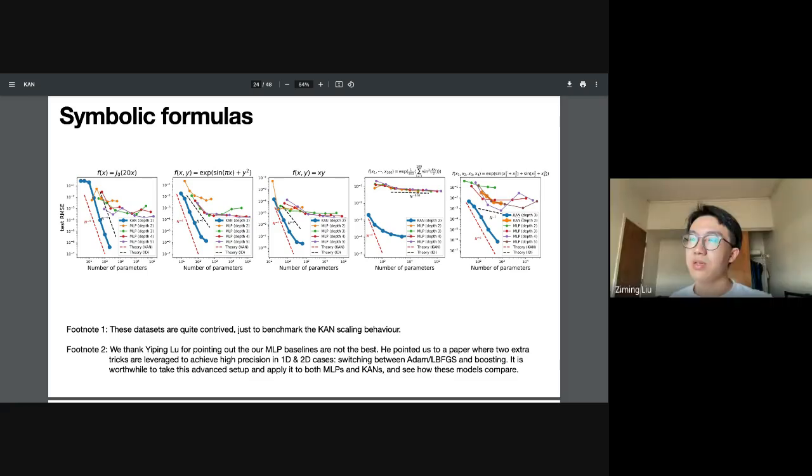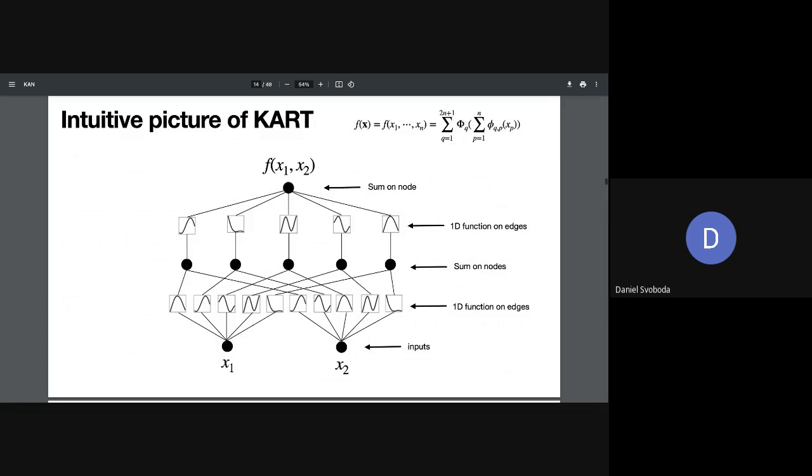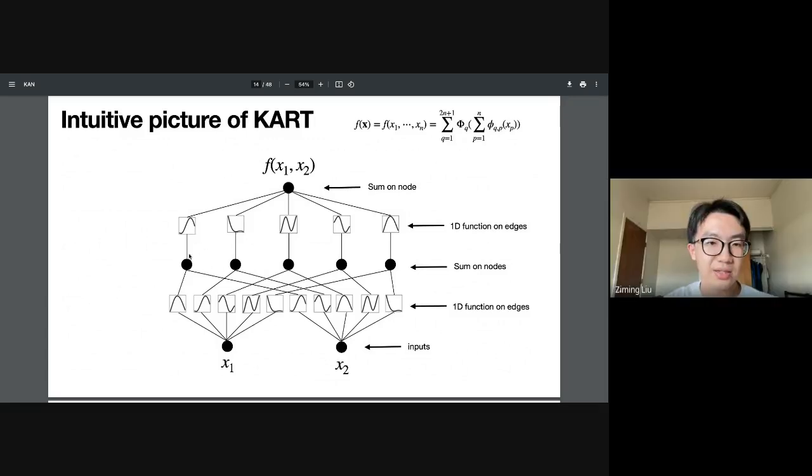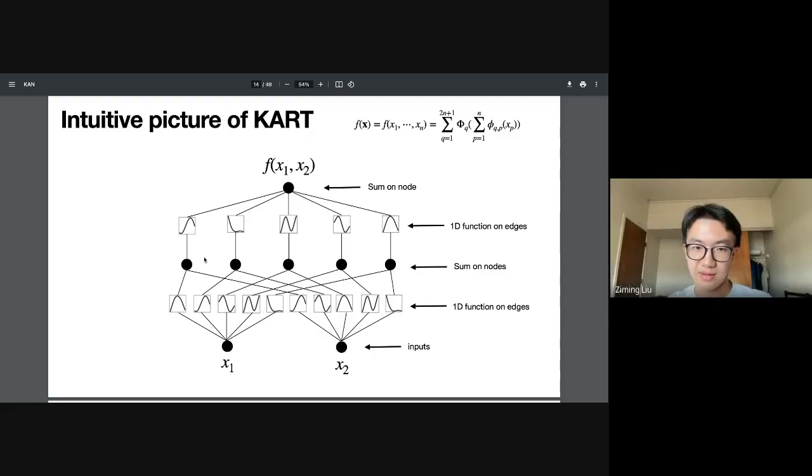So I think in KANs, the first layer is learning the univariate functions, and the second layer is combining those univariate functions into a multivariate function, correct? The first layer. So what's your definition of multi? So maybe we can go back. Yeah. So the first layer is learning univariate functions, right? Right. And in the second layer, say this node depends on both x1 and x2. So in that sense, it is multivariate.